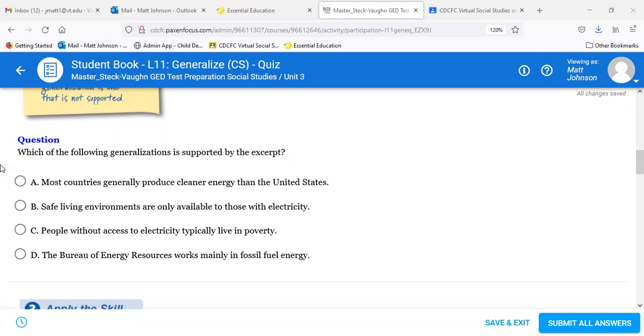C. People without access to electricity typically live in poverty. D. The Bureau of Energy Resources works mainly in fossil fuel energy.